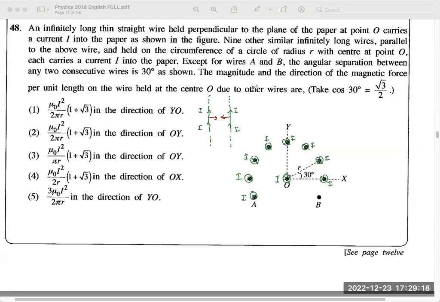The magnitude of the magnetic force per unit length, F, is given by mu naught I1 I2 over 2 pi d. That is the equation.